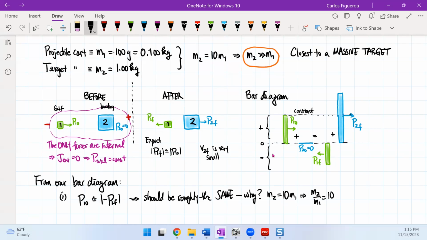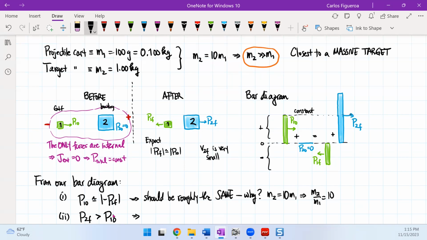So as that ratio gets larger and larger, then P1 initial becomes identical to the absolute value of minus P1F. And the other thing that we see here is that the momentum of the bigger cart has to be larger than the incoming momentum.